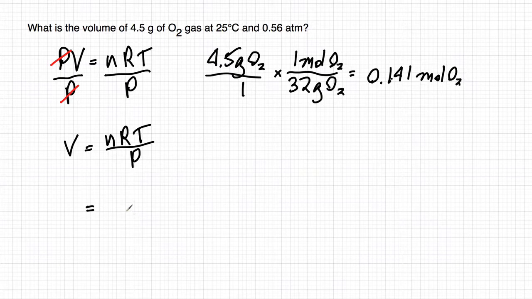Okay, now I'm ready to plug everything in. For my first term in, I have 0.141 moles of O2.